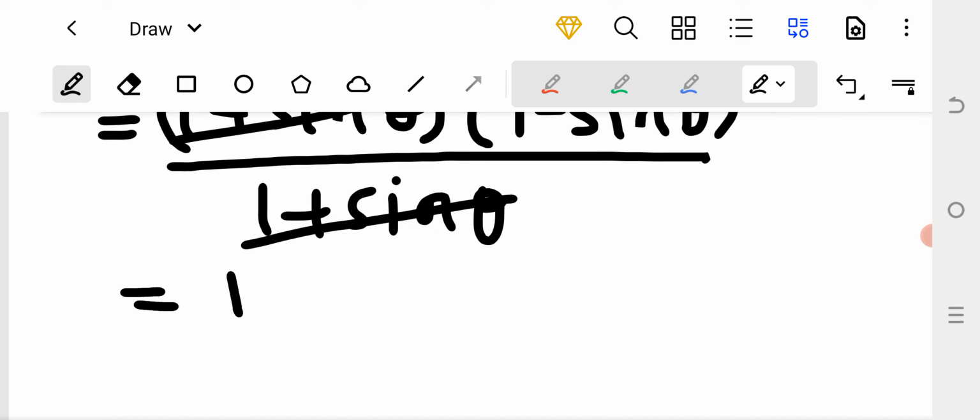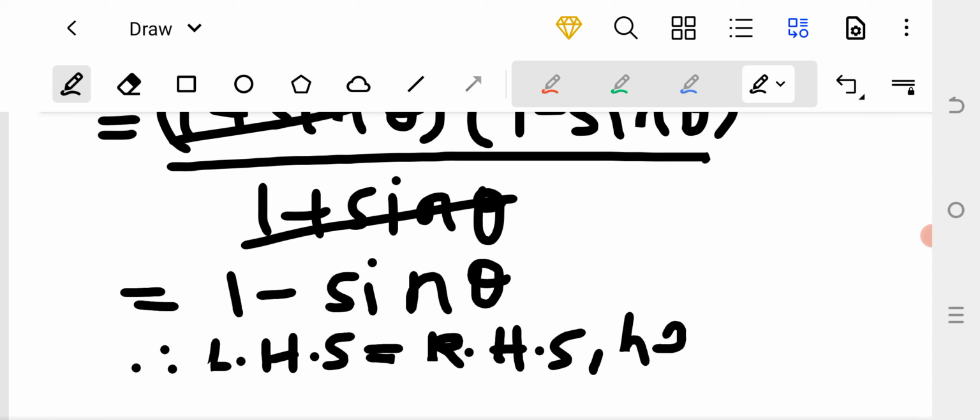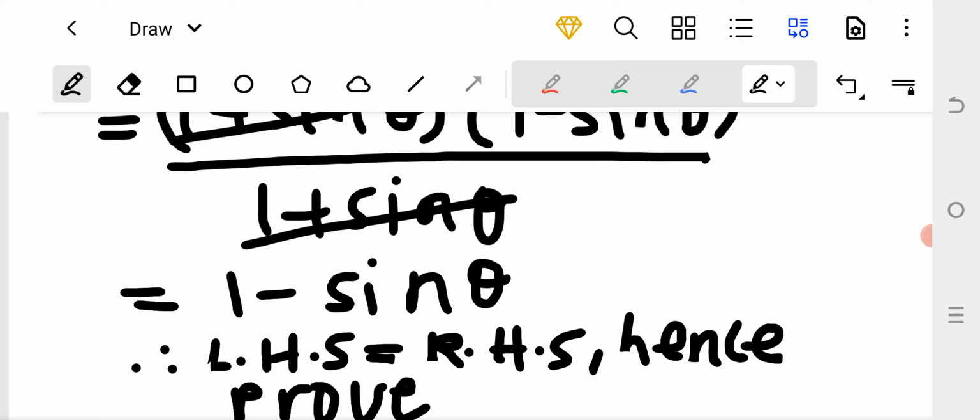To conclude, you say therefore left hand side is equal to right hand side, hence proven. That would be your final answer. If you remember, the right hand side was 1 minus sine theta.